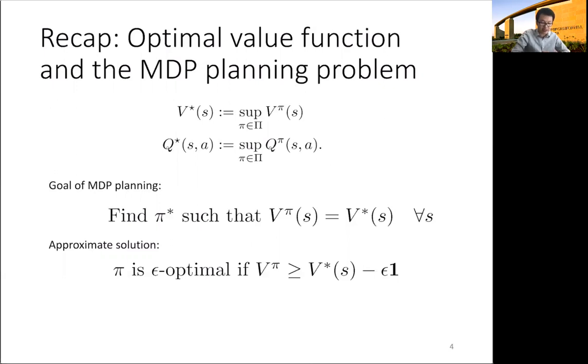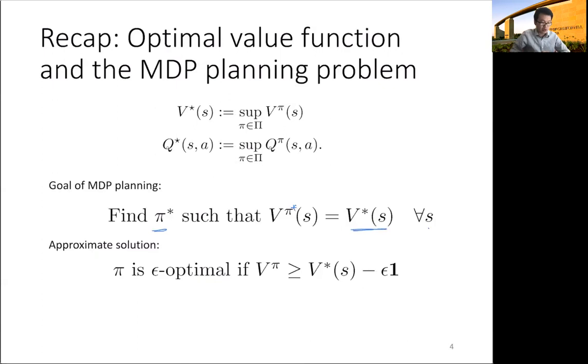So the task of finding an optimal policy is to find the pi star such that the value function of pi star is the same as the optimal value function for all states at the same time. And sometimes for computational reasons, we want to solve the approximate version of the problem.